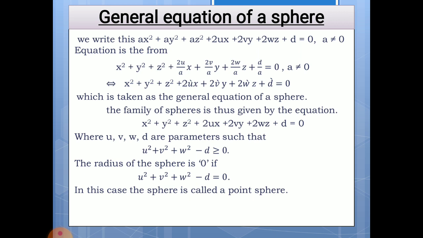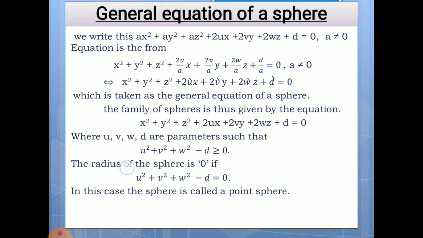In the general equation of a sphere, already we have said that the general equation is ax² + ay² + az² + 2ux + 2vy + 2wz + d = 0. Here a is not equal to 0. Then this equation is written in this form. We shall write the equation, as I have told you, taking the coefficient of x², y² and z² as unity.